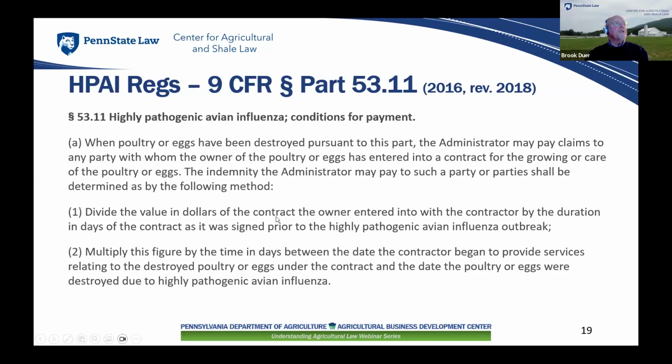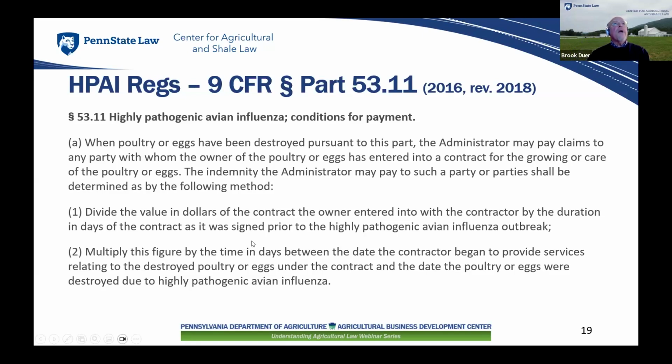This essentially said, okay, the amount of indemnity that USDA pays, we'll take that amount, and that pays for, let's say, 100,000 broilers, and then you put in how many days they were to be grown out, and then the grower gets whatever was to be made under the contract.